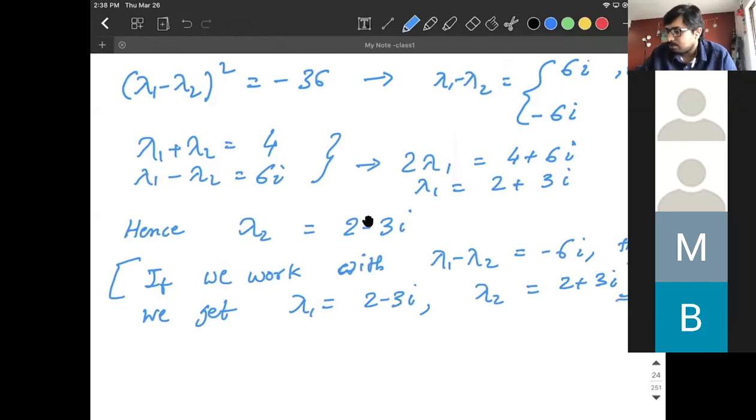The thing with this problem is that you have enough information to find the eigenvalues, but not enough information to find the eigenspaces or the eigenvectors, because you don't really know the matrix. What you know are these two pieces of information. So there can be plenty of other matrices with determinant 13 and trace 4.